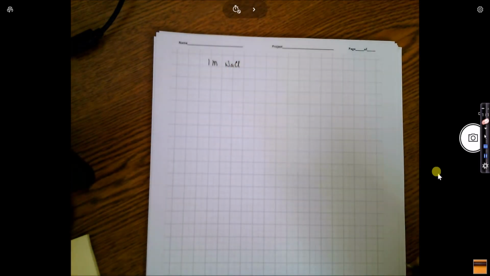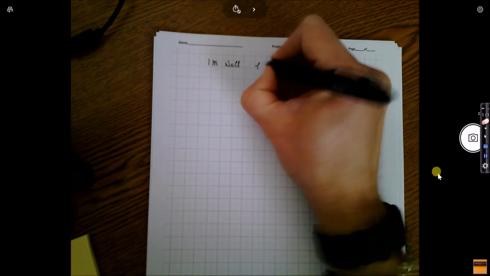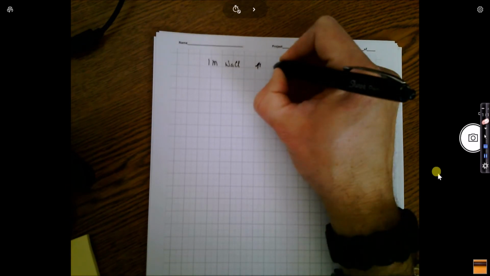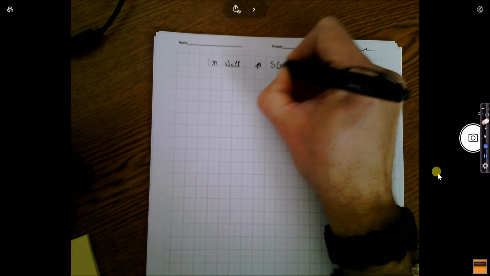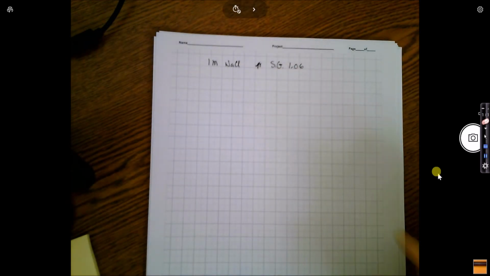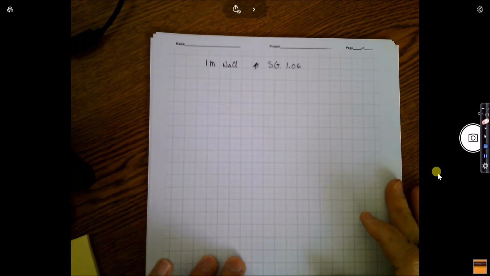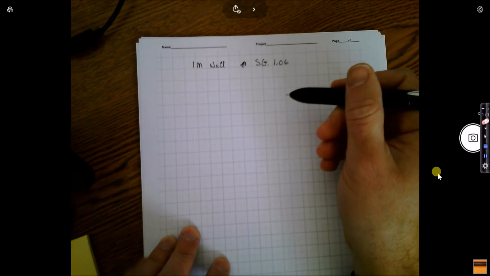Let's say this has a specific gravity of 1.06. The reason I'm saying specific gravity instead of just density is we're going to be doing things in terms of kilograms and cubic meters instead of grams per centimeter cubed, so using specific gravity is slightly easier.